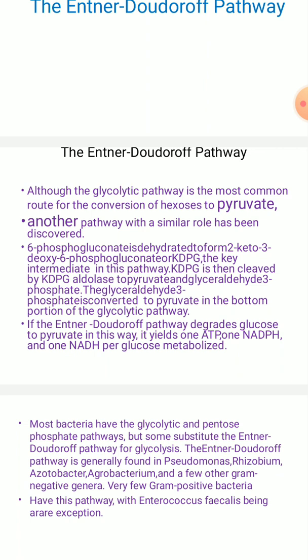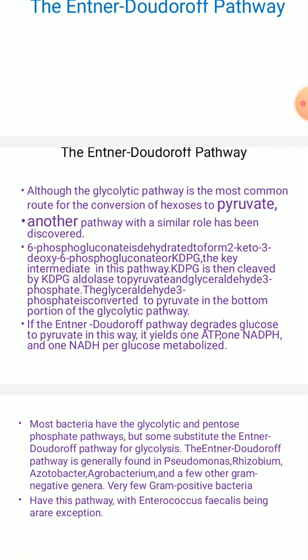The key intermediate in this pathway is KDPG, which is further cleaved by the KDPG aldolase enzyme to a pyruvate molecule and glyceraldehyde 3-phosphate. The formed glyceraldehyde 3-phosphate is further converted to pyruvate as in the glycolytic pathway, which is the end product of the glycolytic pathway. So the Entner-Doudoroff pathway degrades the glucose molecule to pyruvate in this way.